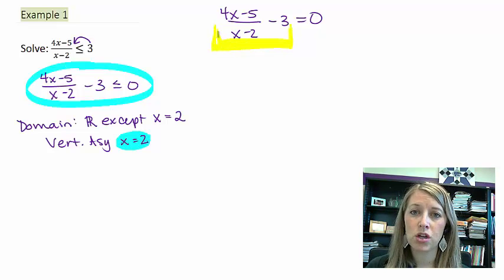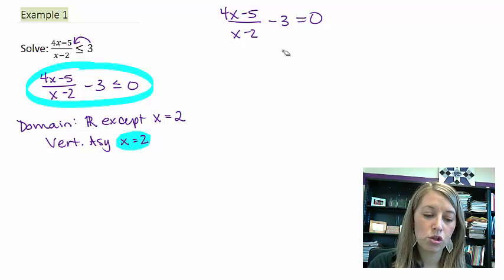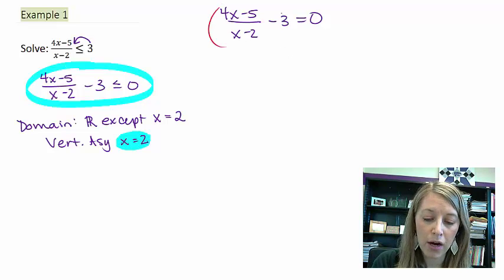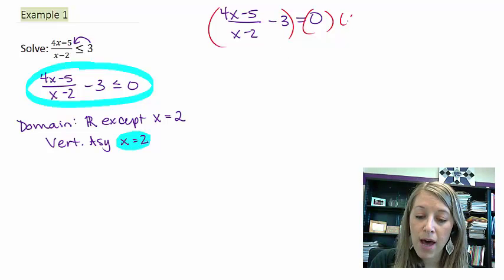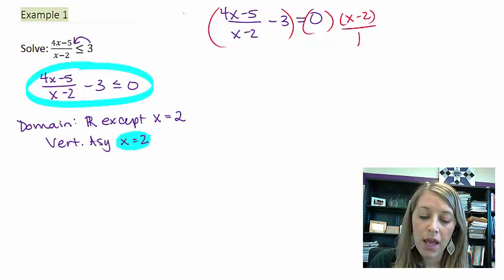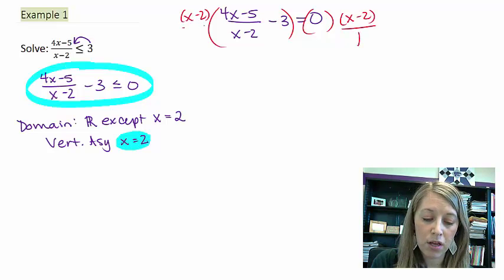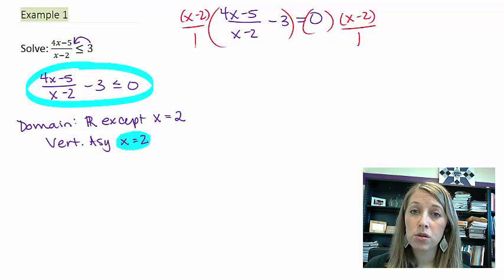But we did a whole section on solving rational equations. We did that magic trick, and so our magic trick was to multiply each part of the fraction by my least common denominator. And that least common denominator is over 1. And when we do this, all of our denominators should disappear.